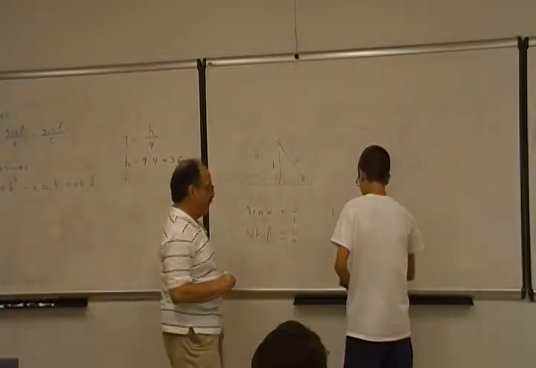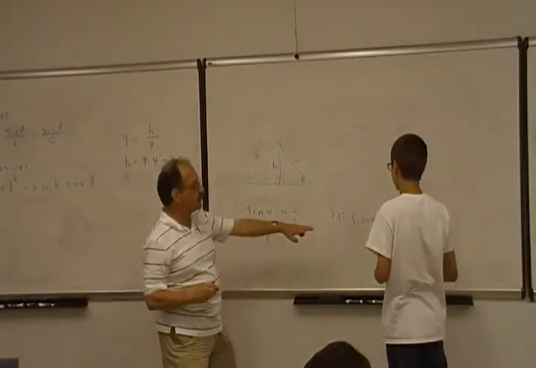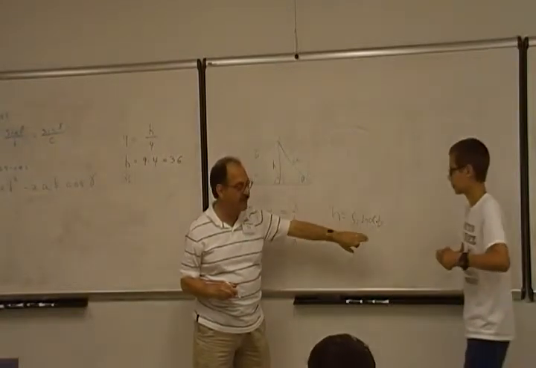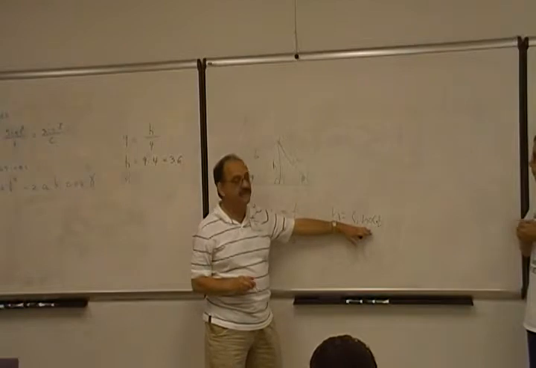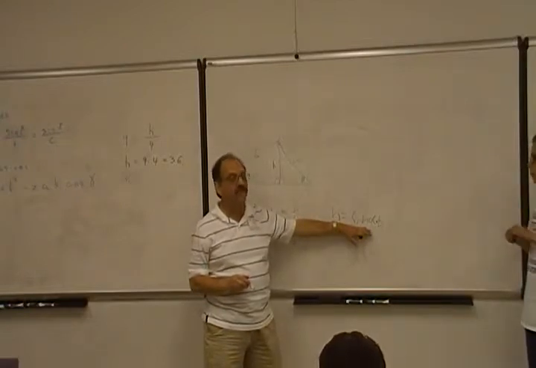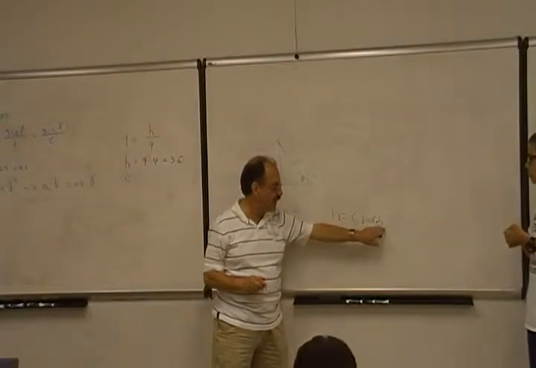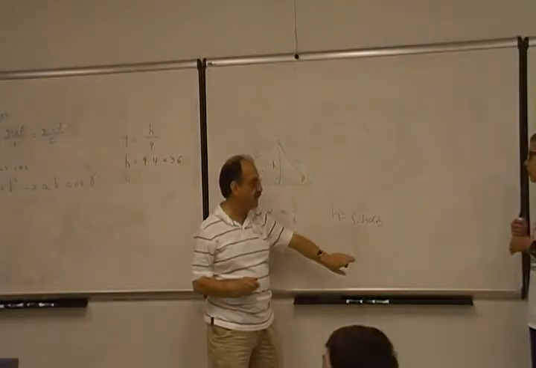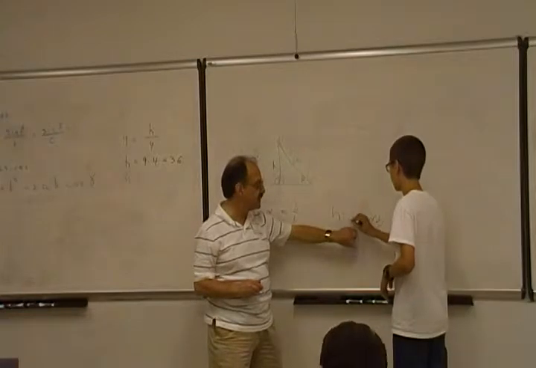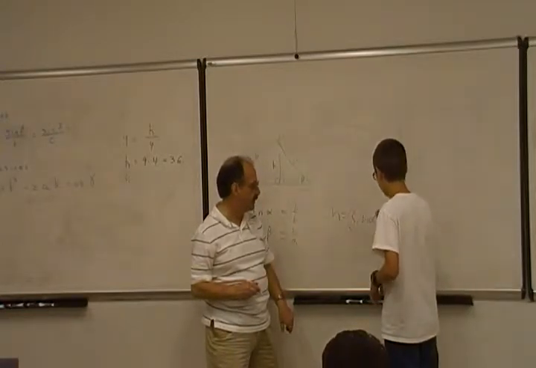Great. Back up so that people can see it. You're not quite done. This is fine, however, notationally, people can get confused whether you're multiplying b times the sine of alpha or b times alpha and then taking the sine.